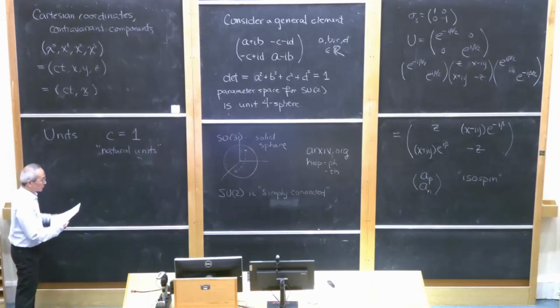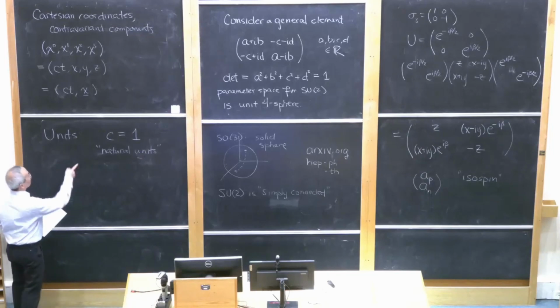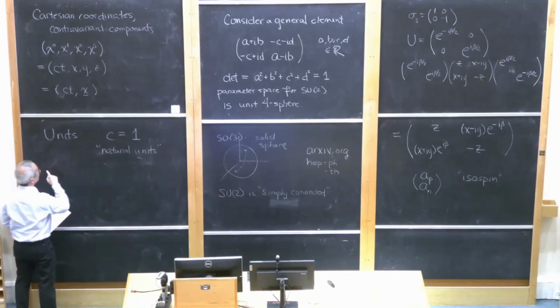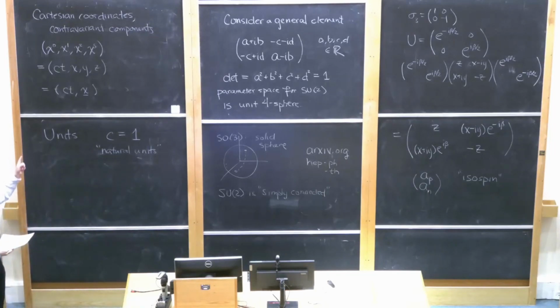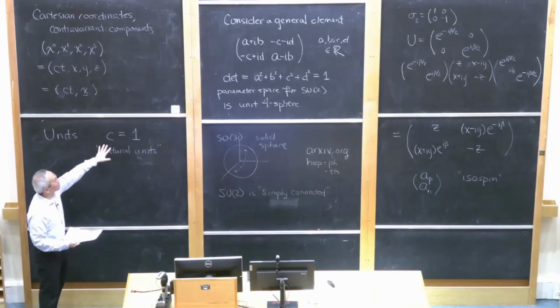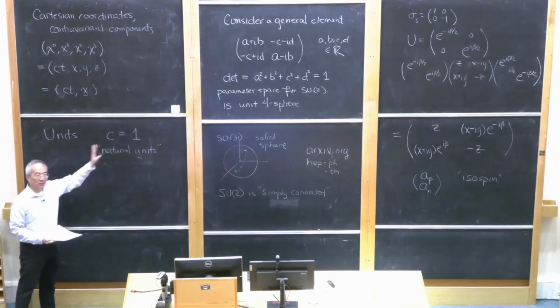I'm actually going to try to keep the c's in their proper place, but sometimes it is just really tedious. So in some of the collision problems that we'll do, they will disappear, probably by mistake. In general, I will try to put the c's in there.